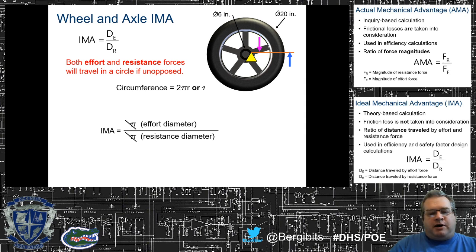Circumference equals 2 pi r. There's another way to calculate circumference, but we're going to stick with 2 pi r. IMA equals effort over resistance, and we're going to cancel out the pi, and we are going to plug our values in.